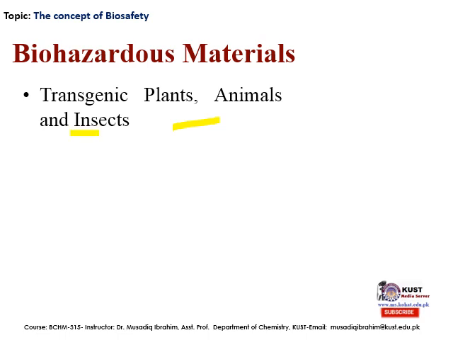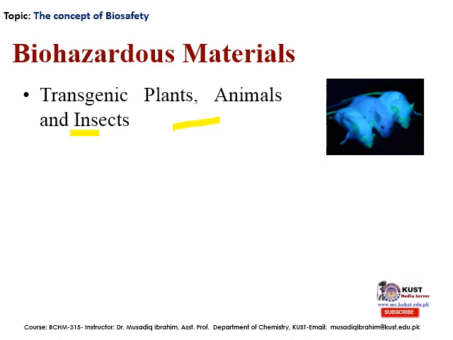Transgenic means those plants, animals, and insects which have been genetically modified. Here you can see the case of mice which have been genetically modified, so they are included as biohazardous material.